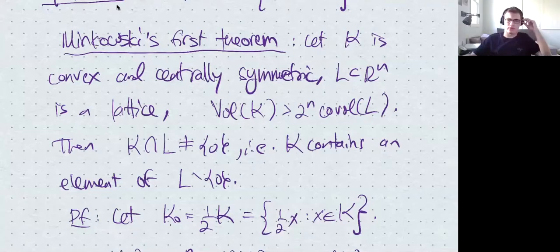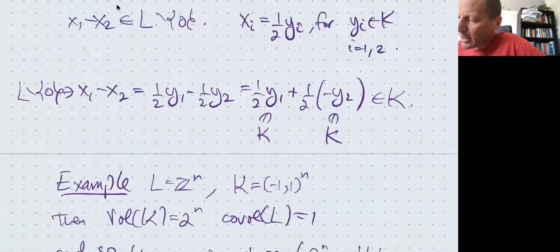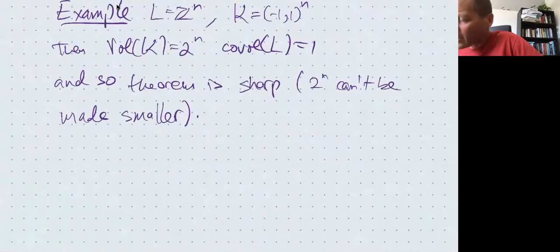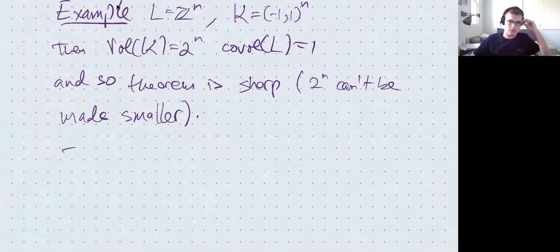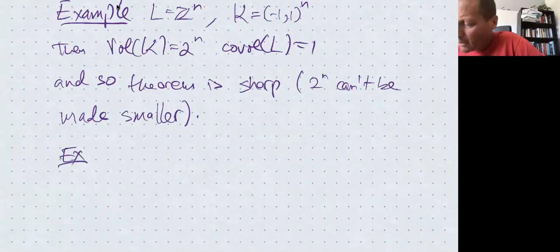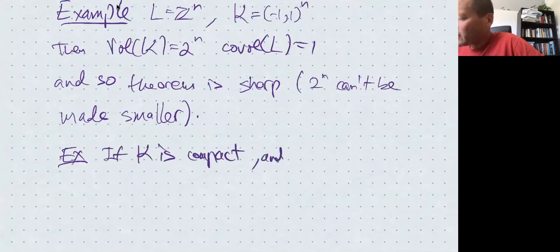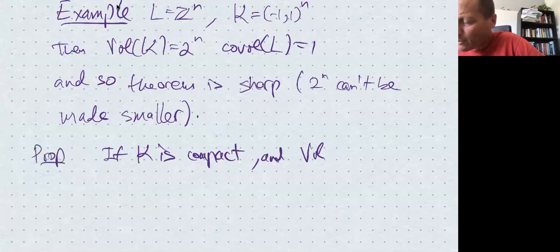Can we allow equality if we take K to be closed or compact? Yes, thank you very much. It's an exercise actually that I'll put on your exercise sheet. It's not very hard. If K is also assumed to be compact and you have equality, well, since you've asked, you can think about that yourself.